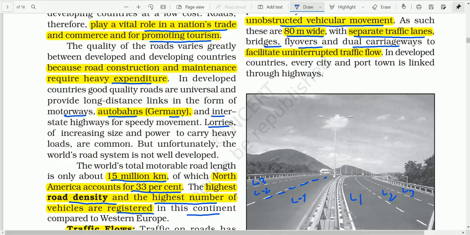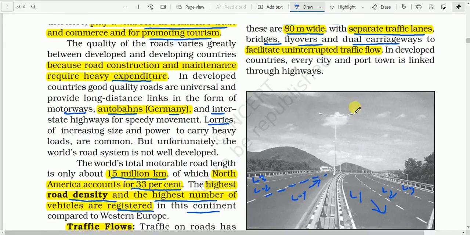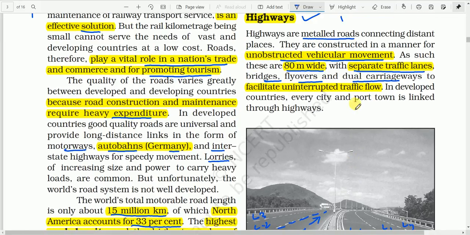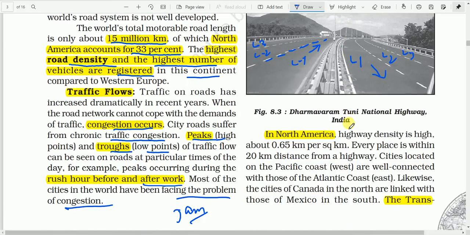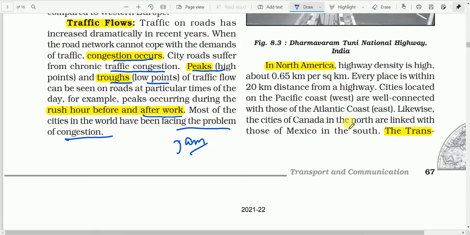Vehicles may be moving this side, and on the other side moving towards this side. This is an example of highways. It has uninterrupted flows of vehicles. It sometimes has separate flyovers, dual carriageways, and bridges, so that there may not be any obstructions.